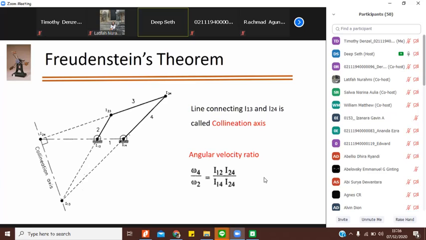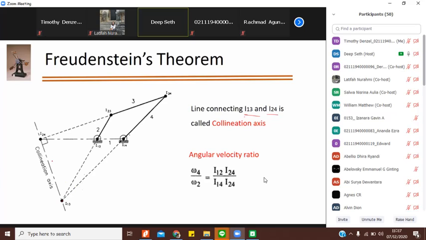Now we have Freudenstein's theorem, and here you are seeing that the line connecting I13 and I24 is called the collineation axis. So where is I13?